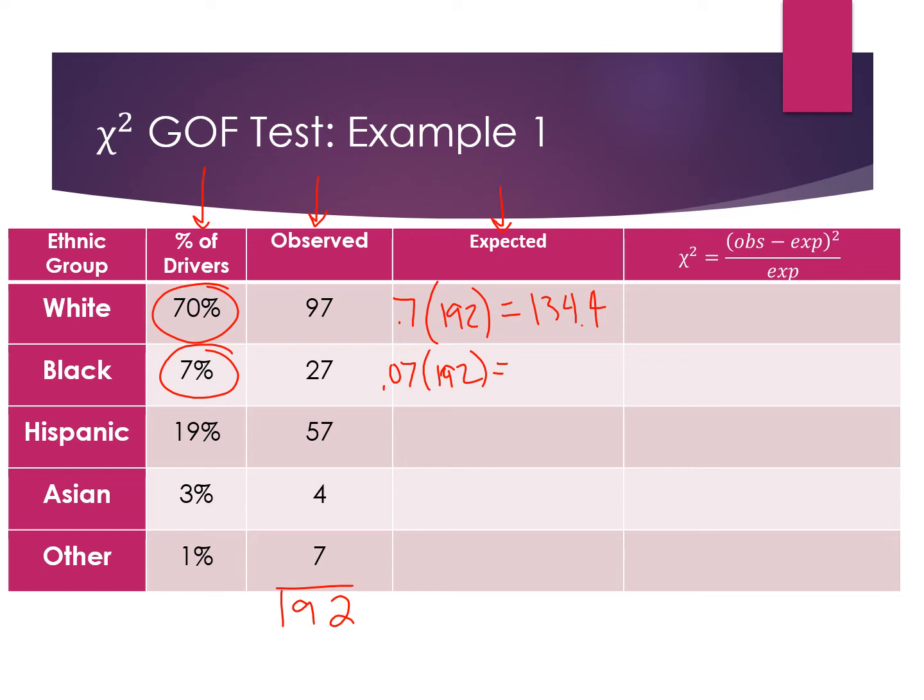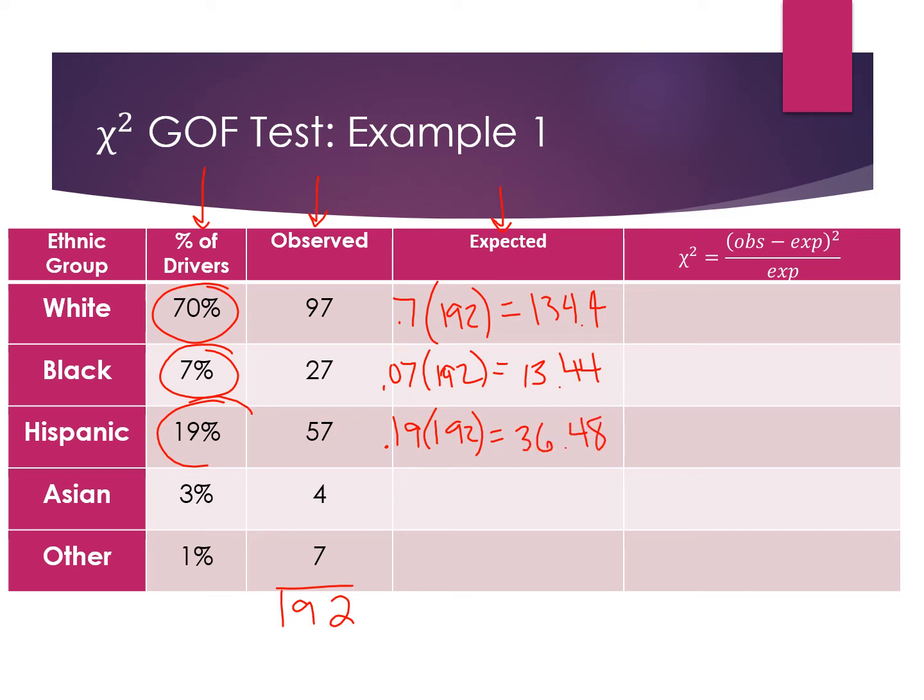0.07 times 192, 7% of them, would be 13.44 Black individuals. Hispanic, we expect 19% of the people pulled over to be Hispanic. So 0.19 times 192 is 36.48.